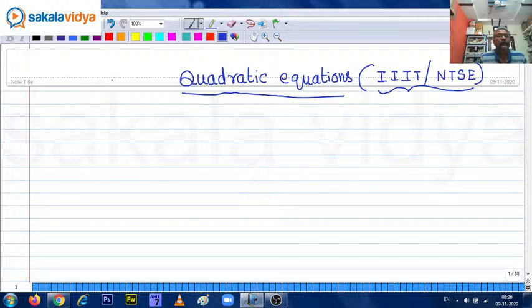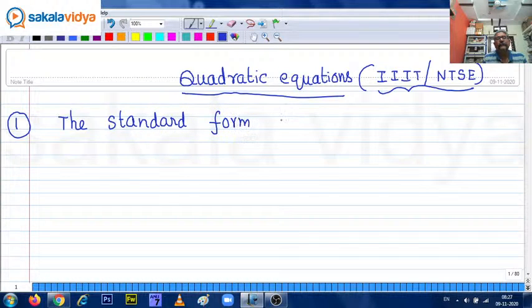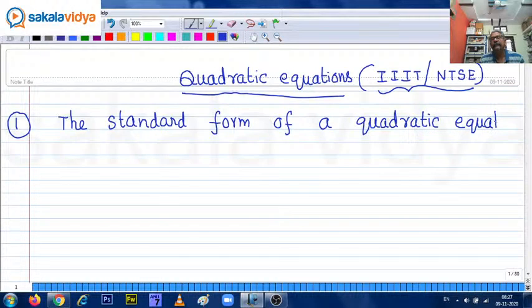Right. First question. The standard form of a quadratic equation is: option A, ax plus b equals 0, a not equal to 0.